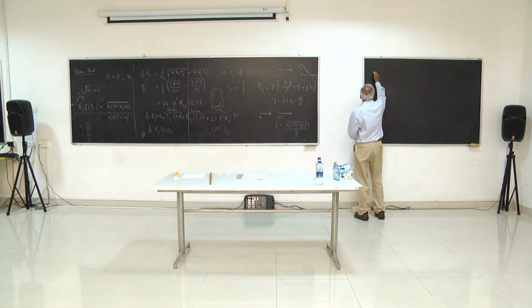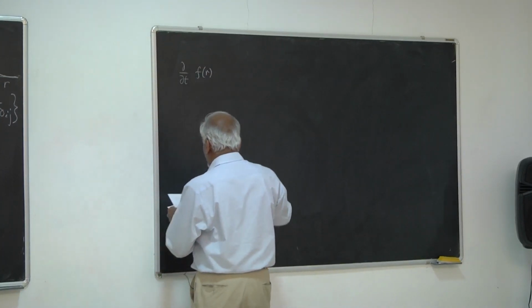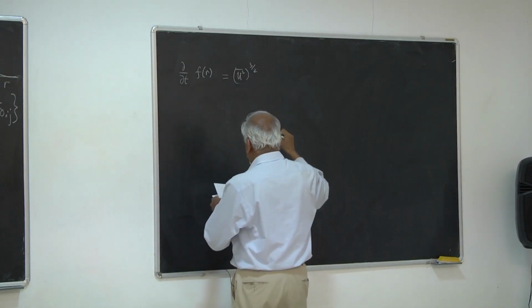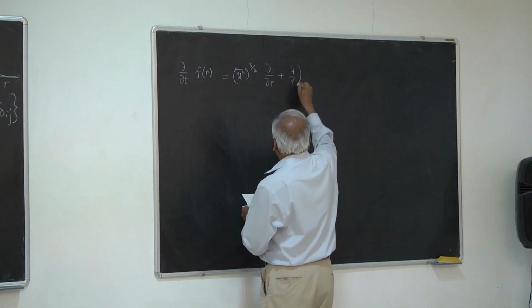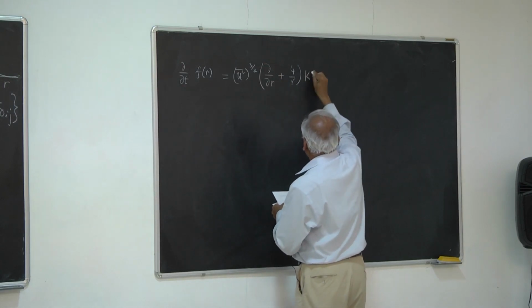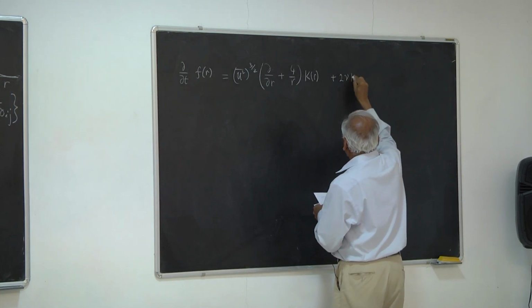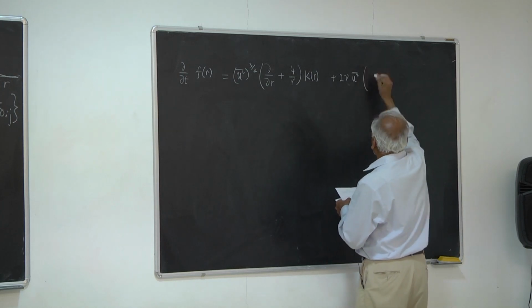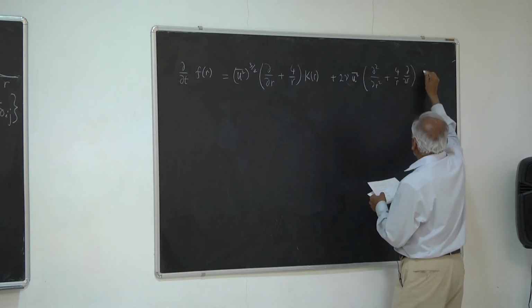And without going through too much discussion, say f of r equals u squared, 3 halves d/dr plus 4 over r of k of r, and I will tell you what this k of r is, plus 2 nu u squared, d squared/dr squared plus 4 over r d/dr of f of r.